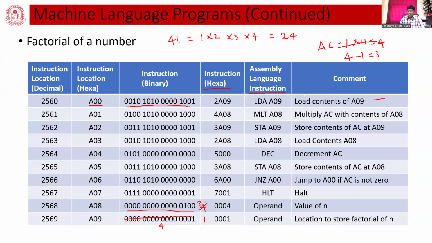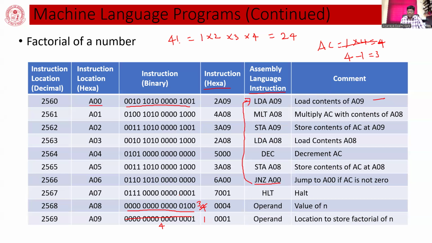Now you see there is an instruction called the jump instruction. What is this? Jump non-zero. If the accumulator value is non-zero. Since the current accumulator value is 3, it is non-zero, so it will jump back.